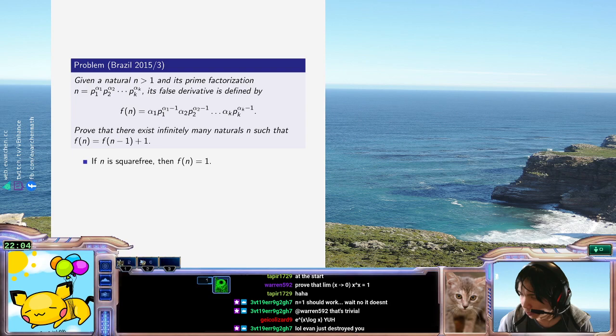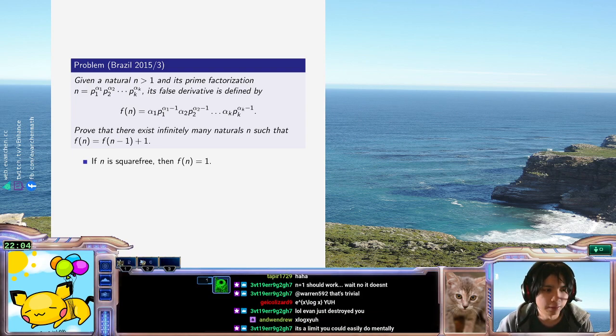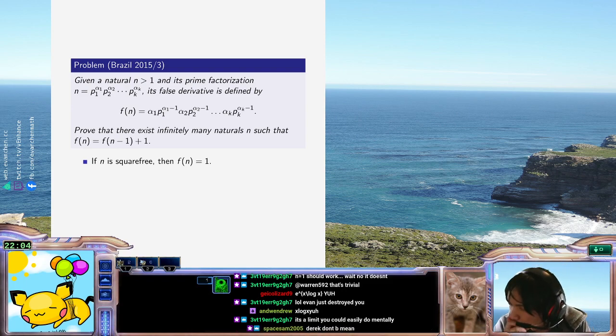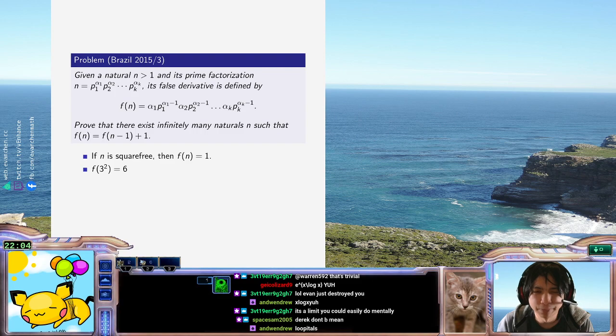Okay, I feel like I want a base, a single example of a number. Let me just compute some values. So f of 3 squared is equal to 6. I need two consecutive numbers that are pretty composite.